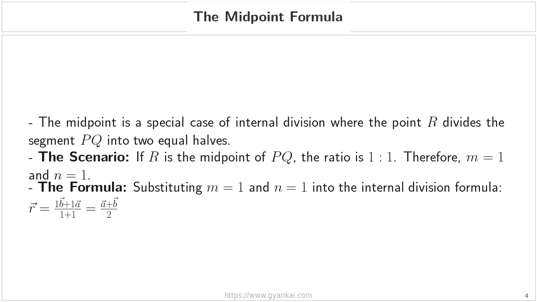The numerator becomes 1 vector b plus 1 vector a, and the denominator becomes 1 plus 1. When we simplify that, we are left with the position vector r equals vector a plus vector b, all divided by 2. It is a much simpler formula, and it's essentially just finding the average of the two position vectors. This will be incredibly useful when we move on to our practical navigation example in the next slide.